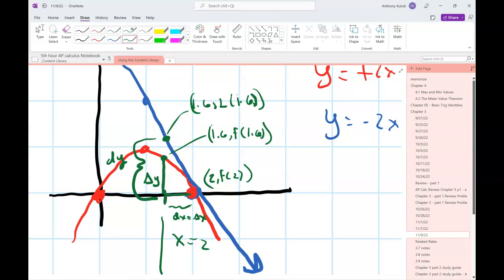Notice that the dy is an overestimate, right? Because my approximation is bigger than the actual value. So the dy should be bigger than the delta y, right? The dy is just like the difference in f of x and the approximation of f of x plus delta x.